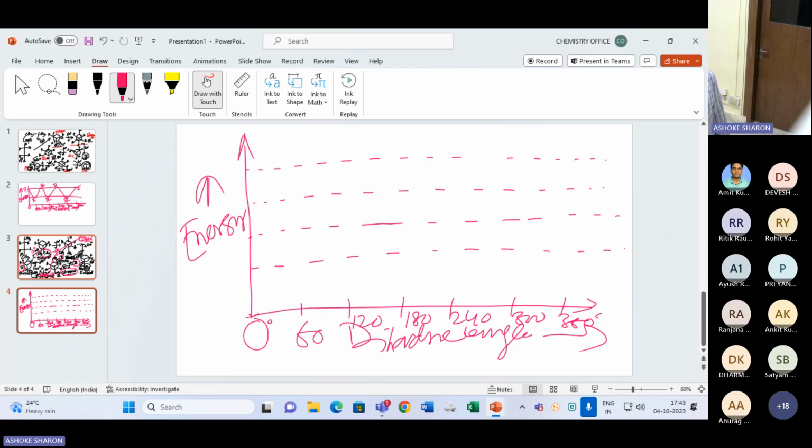Clear? Now I'm changing the color for better understanding. I have told you 0 is the least stable, structure number 1. Least stable means higher in energy, as you can see here.